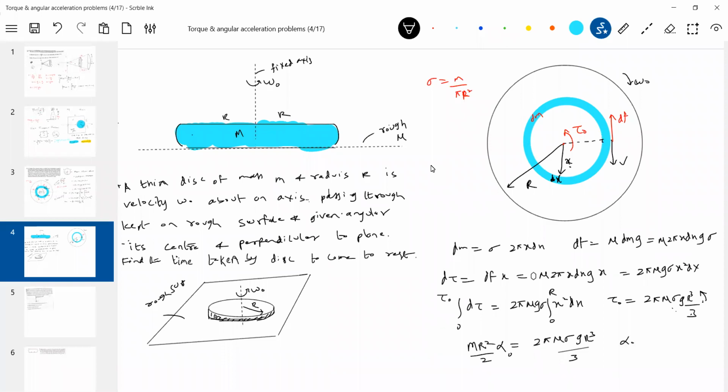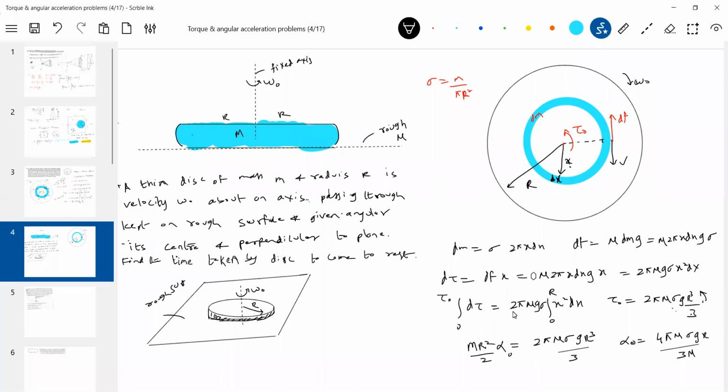So what is alpha naught? Alpha naught is equal to 4 pi mu sigma g R by 3m. Sigma further you can write as m by pi R square, because that is what we assumed.